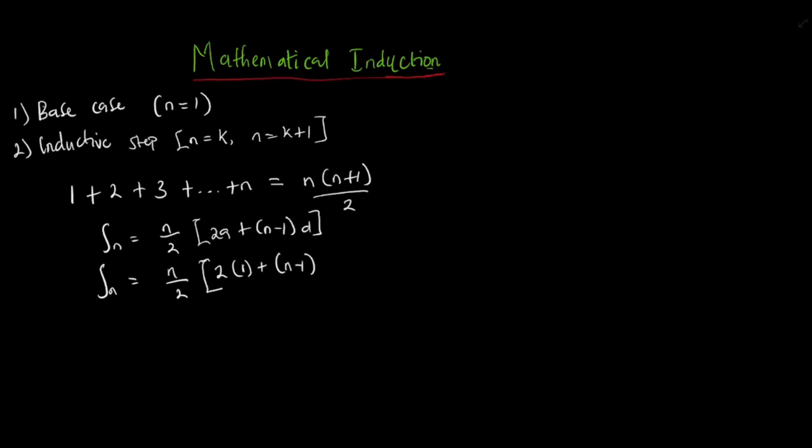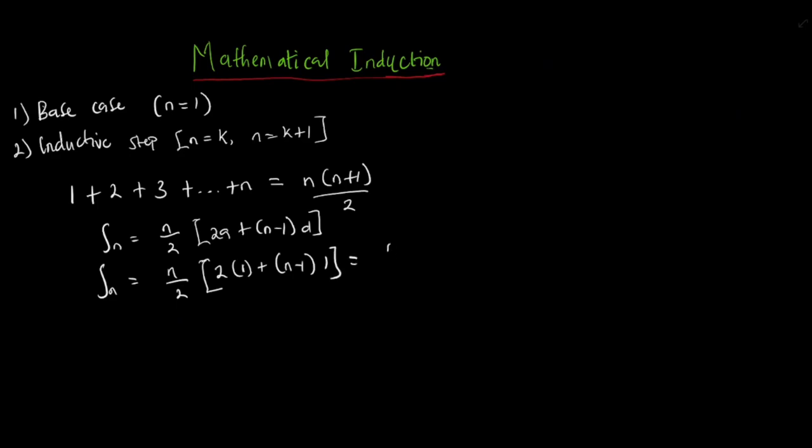(n minus 1) multiplied by d. The common difference in this series is 1, because if we are to find the difference between these terms, the second term minus the first term, which is 2 minus 1, we have 1. Then the third term minus the second term, which is 3 minus 2, we have 1. So d is equal to 1.